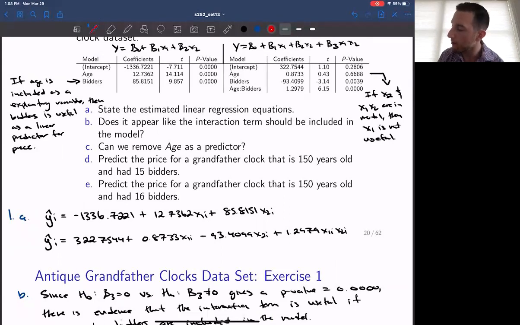The second model is yi hat equals 322.7544 plus 0.8733 x1i minus 93.4099 x2i plus 1.2979 x1i x2i. So these are the two models that we have at our disposal.